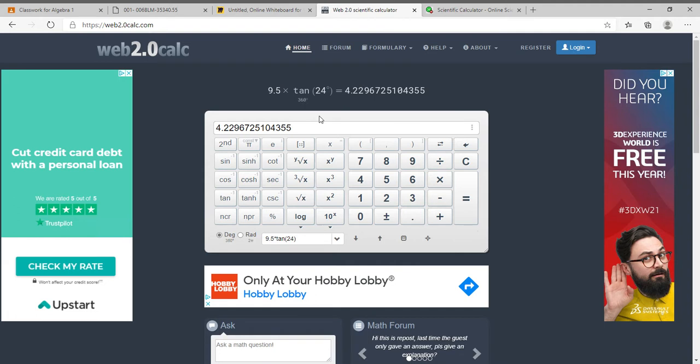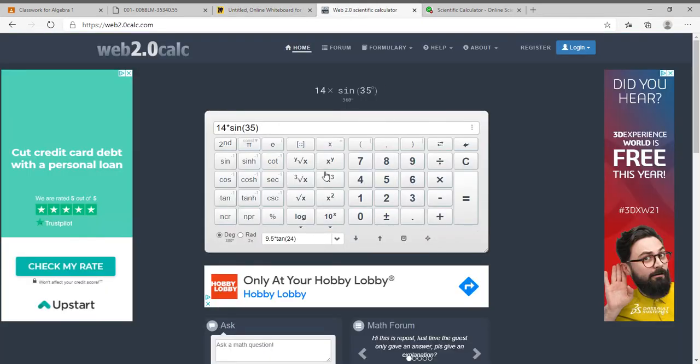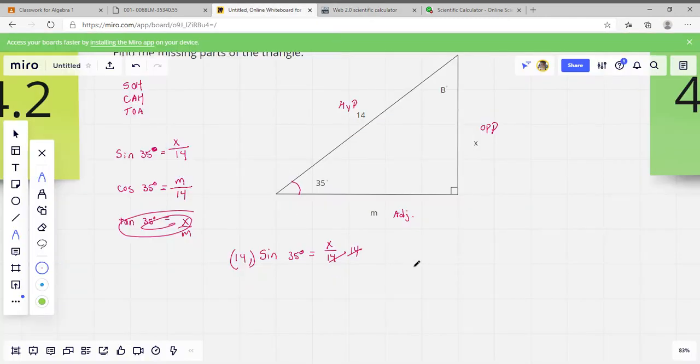So we're going to go to our scientific calculator, and we're going to say 14 times sine 35 degrees. Let's make sure that's right. 14 times sine 35 degrees. And we get 8.03. Now, let's look at our estimate here.